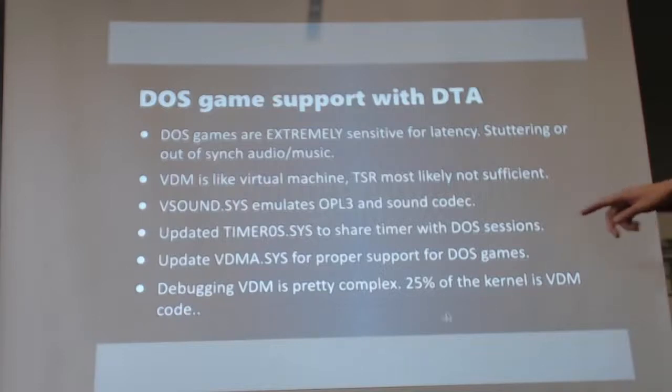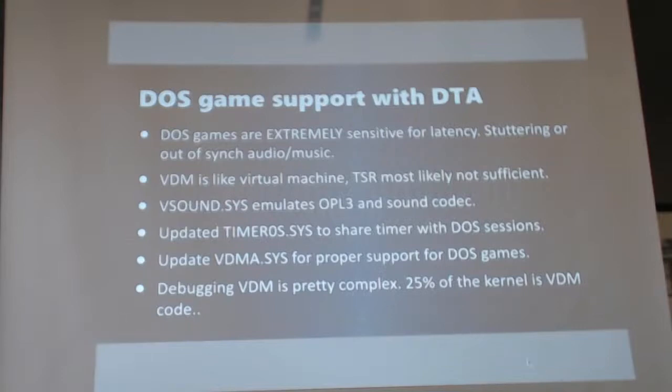The other thing is, and this is where you get into the VDM details, there's a driver in OS2 called vdma.sys, which is a virtual DMA controller. And if there's one thing that you probably remember from all of these DOS games, it's that you could set your Soundblaster to, for example, DMA 1 or 3, or hex address 220.